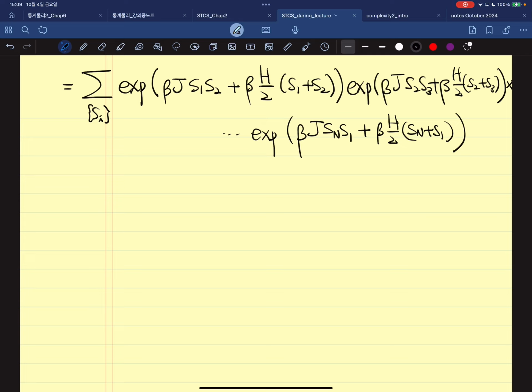Again, you now feel that I just made this problem very complicated. But let's focus on each of these terms, like this term.